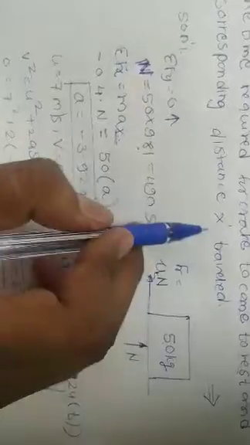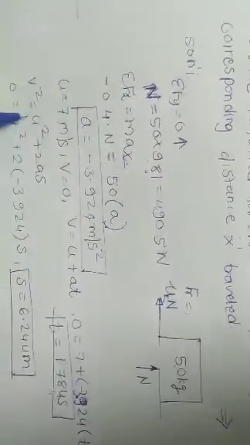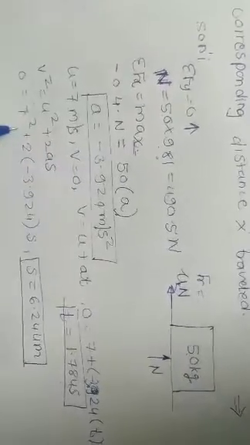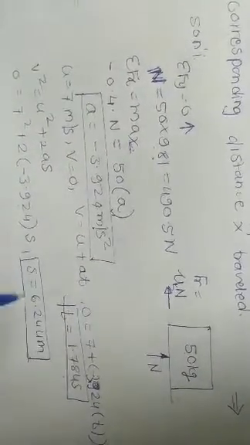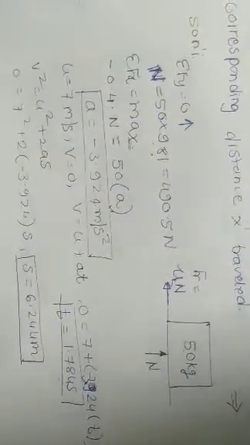Now we have to find the x distance traveled, so we can use the equation v square is equal to u square plus 2as, and we get s as 6.24 meter. So the distance traveled by the crate is 6.24 meter, in 1.78 seconds before it comes to rest.